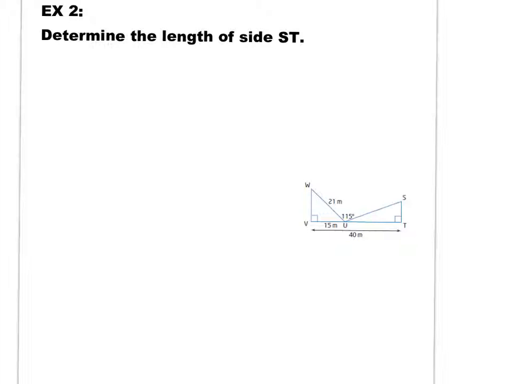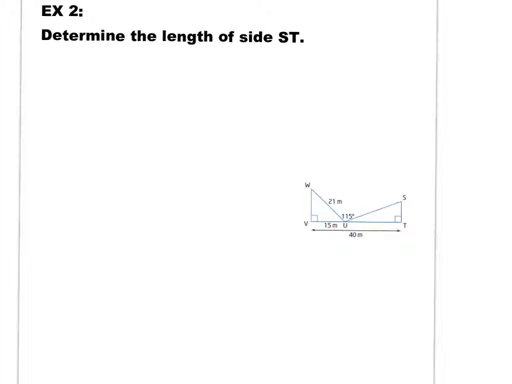Now, to solve the problem to find ST, what I'm going to do is find the angle here, which is angle SUT. And since I know that VU is 15 meters, I can tell you easily that UT has to be 25 meters.